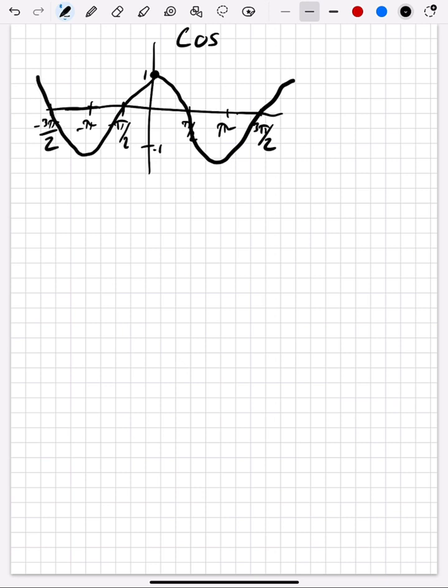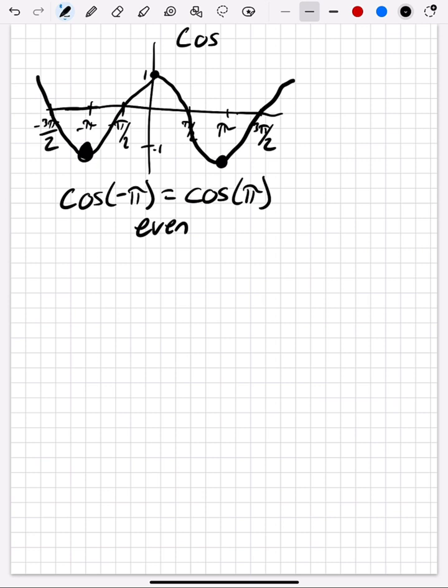So at pi, it's at negative 1. At negative pi, it's at negative 1, etc. If we look at the cosine of negative pi, that's at negative 1, and that is equal to the cosine of pi, which is here. So that means it is even. That's what it means to be an even function.